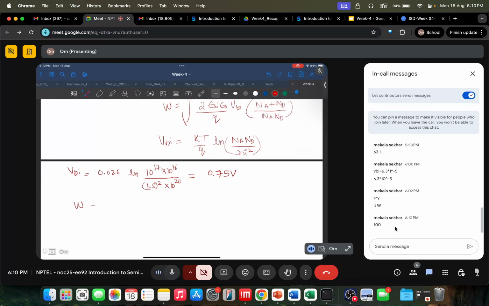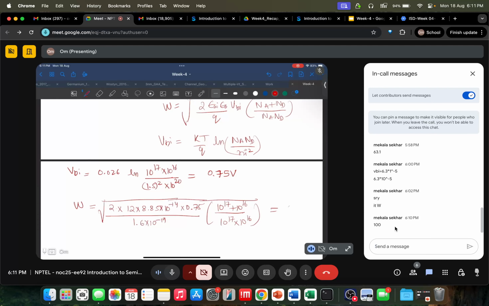And W depletion will be under root 2 epsilon SI into epsilon naught is 12 into 8.85 into 10 to the power minus 14 into 0.75 upon 1.6 into 10 to the power minus 19, and 10 to the power 17 plus 10 to the power 16 upon 10 to the power 17 into 10 to the power 16.